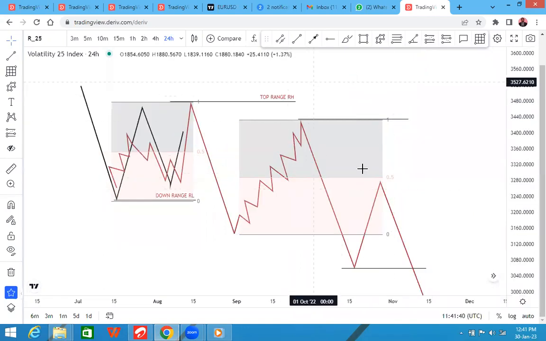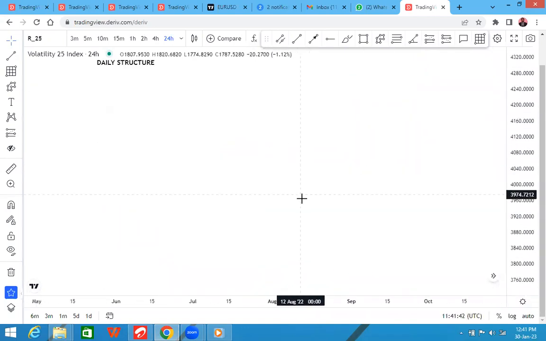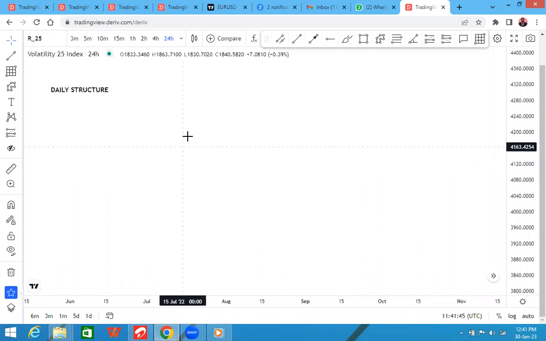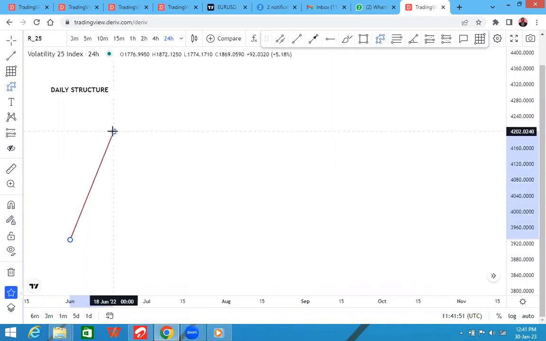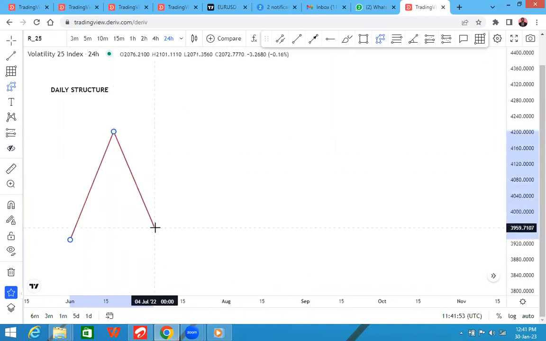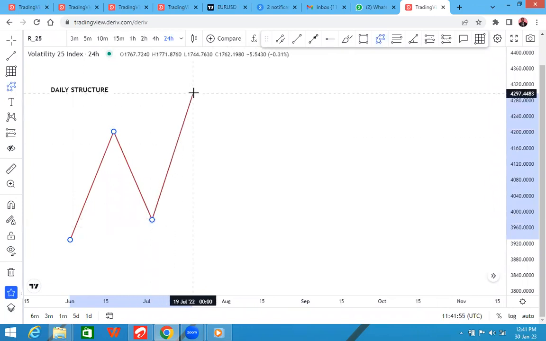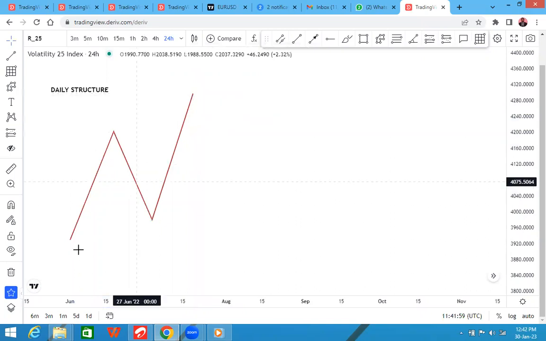Let me show you something on the daily structure. Let me just give you an example. Price gives you a high, a higher low, a lower high, a higher high. High, higher high, higher low, higher high. Another higher low should be formed. But let me explain something.